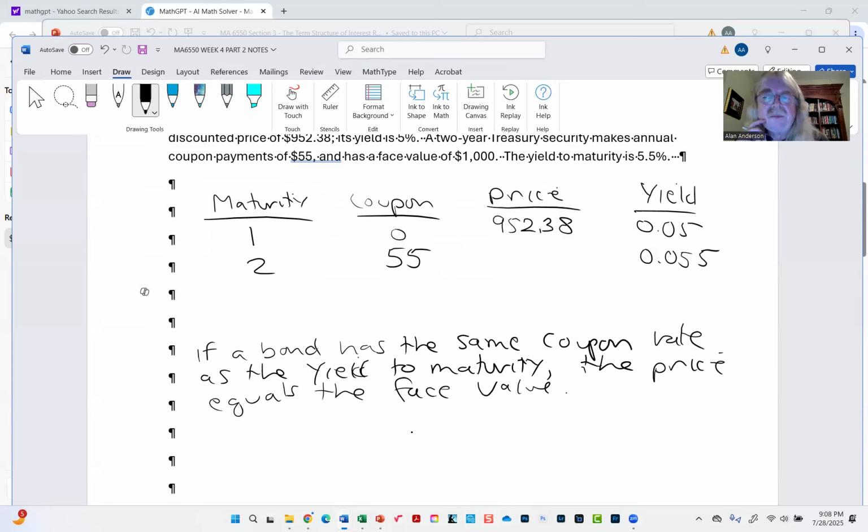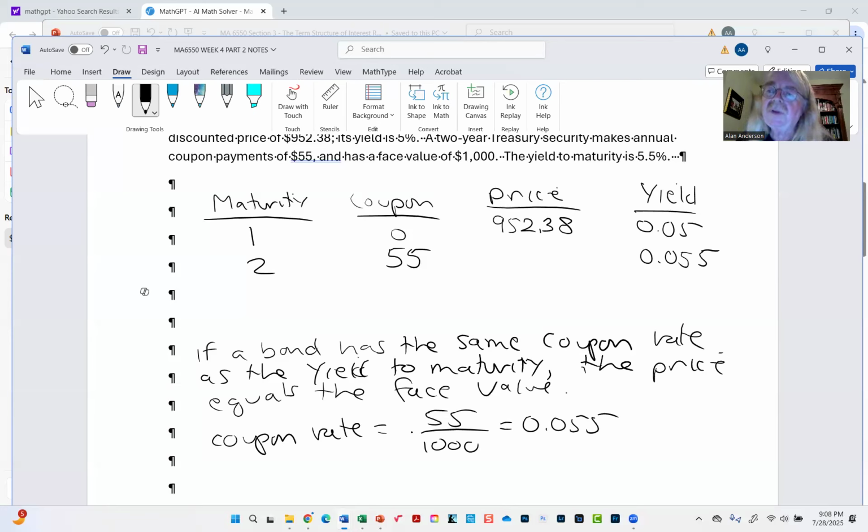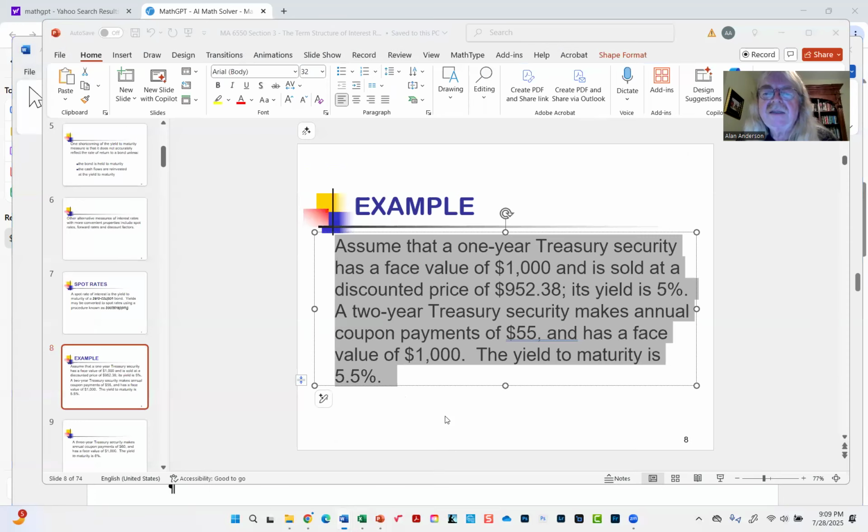Now here the coupon is 55, but remember the face value is 1,000. So here the coupon rate is 55 over 1,000. So you see this bond has the same coupon rate as yield, and that implies a price of $1,000. So it doesn't say that, but it is implied. Okay, so the price and the face value are the same.